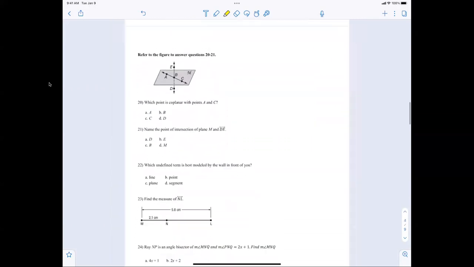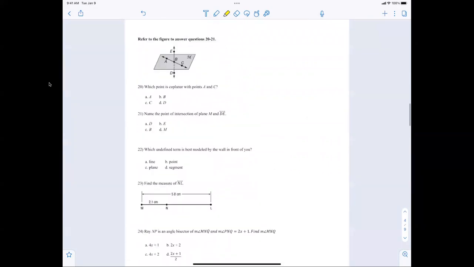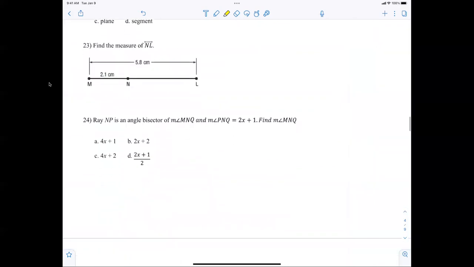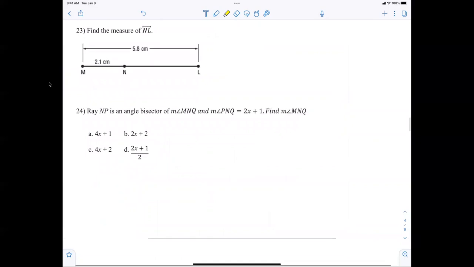All right, next page. 20 through 24. Let's look at 24. Ray NP is an angle bisector of MNQ. So if I were you, I would draw angle MNQ. So let's draw that.